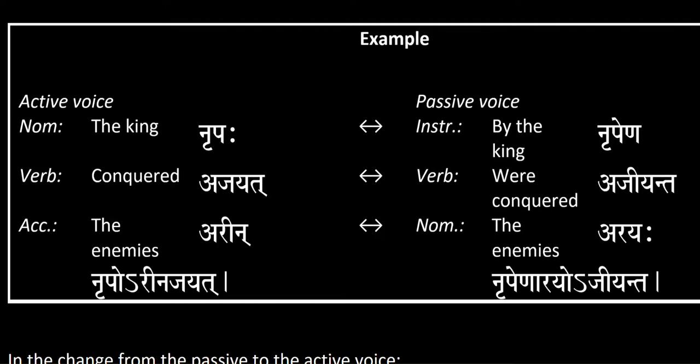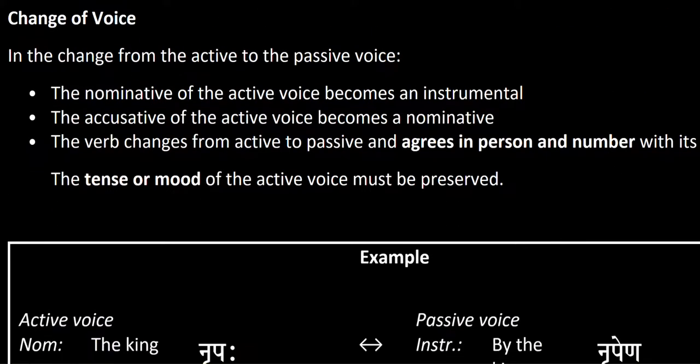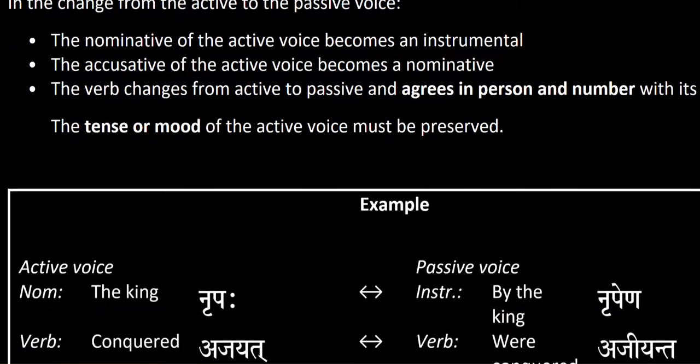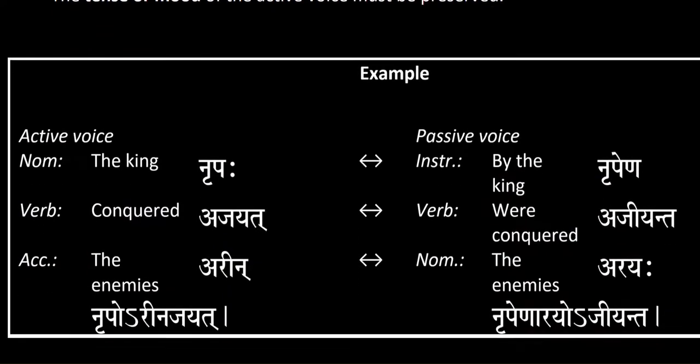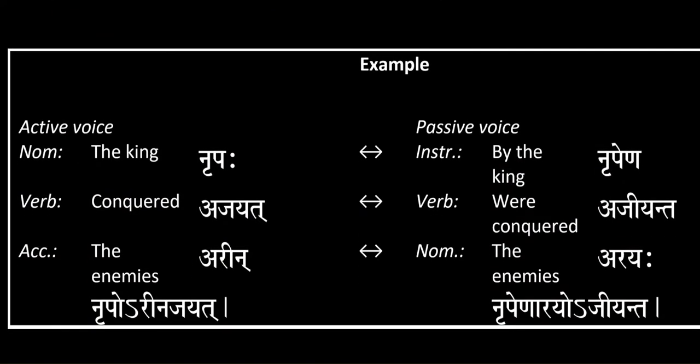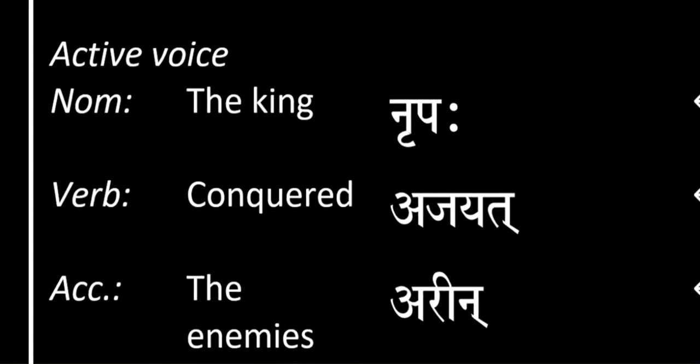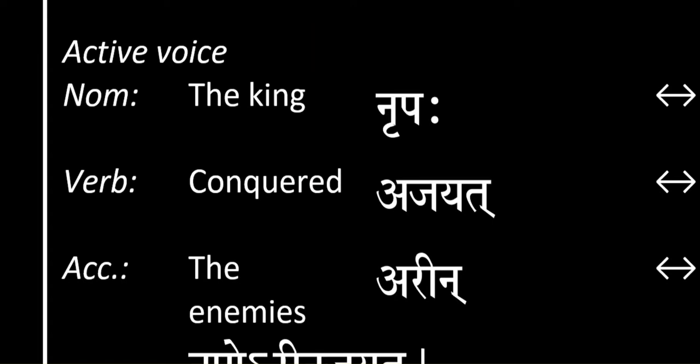As you can see, the first rule here is that the nominative of the active voice becomes an instrumental, and that is exactly what we're seeing here. So in the active voice, the king conquered the enemies. The king is the subject of that sentence, and that is why it is in the nominative case in the form of nripaha.